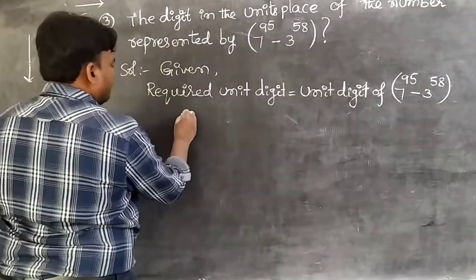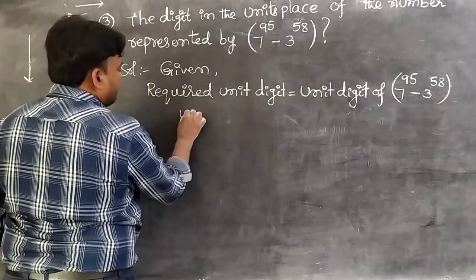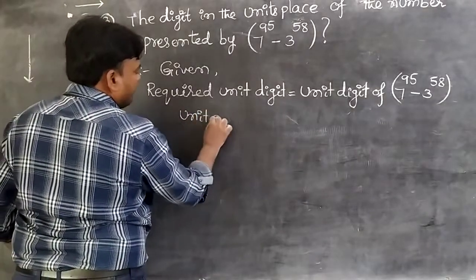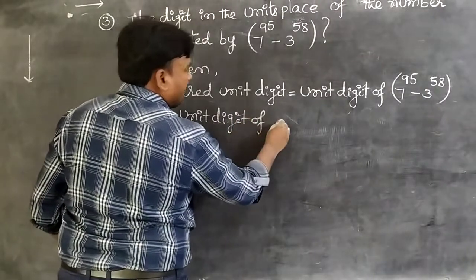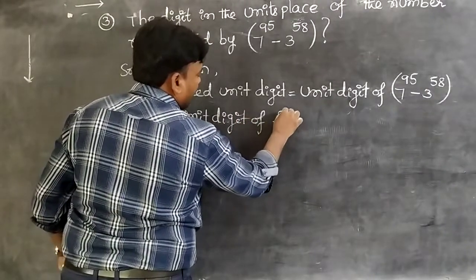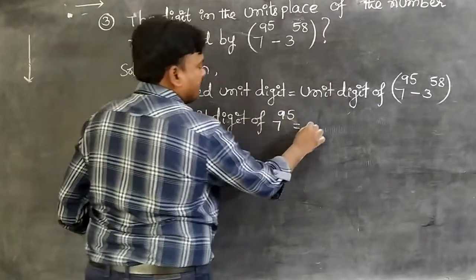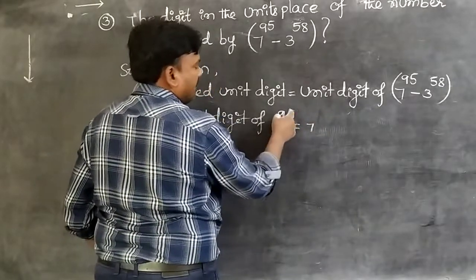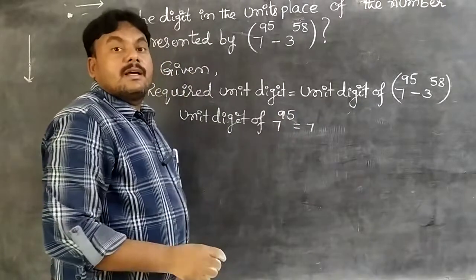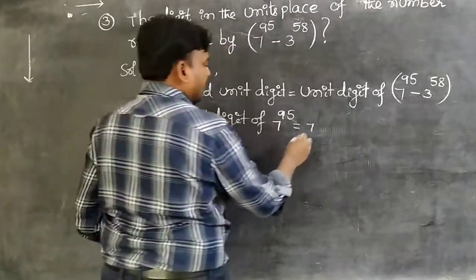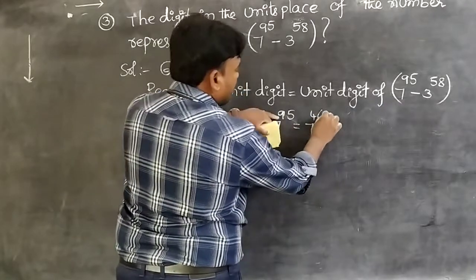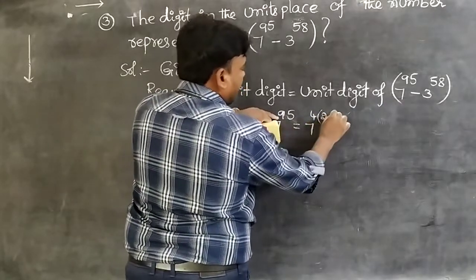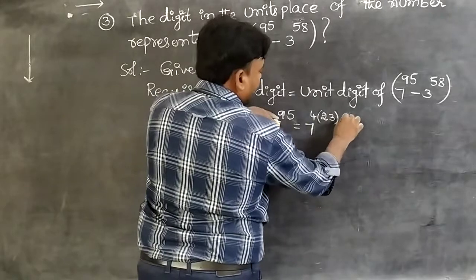So first of all, unit digit of 7 power 95. 7 power 95 equal to 7 power, this value can be expressed as a 4 multiple. So that implies 4 2 ja 8, 4 3 ja 12 plus 3.